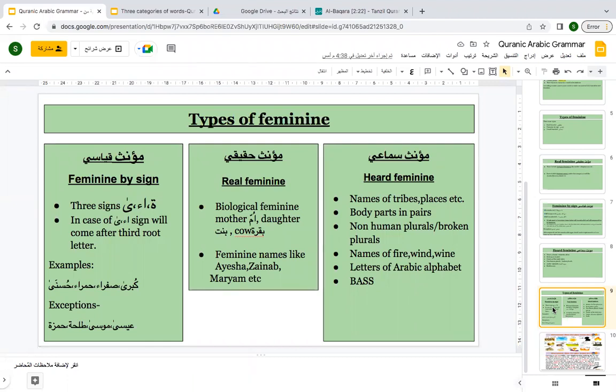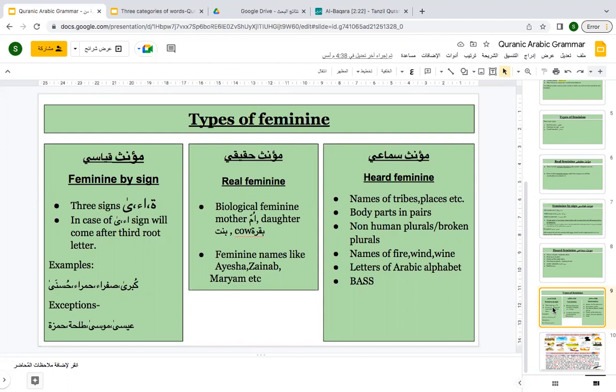About your broken plurals, I have not gone into detail at this point. When we do the fa'il and learn about the outside doer, inshallah, we will learn how human broken plurals and non-human broken plurals can be treated. At this point, just memorize that all non-human plurals and your broken plurals are going to be under the category of muannath sama'i.